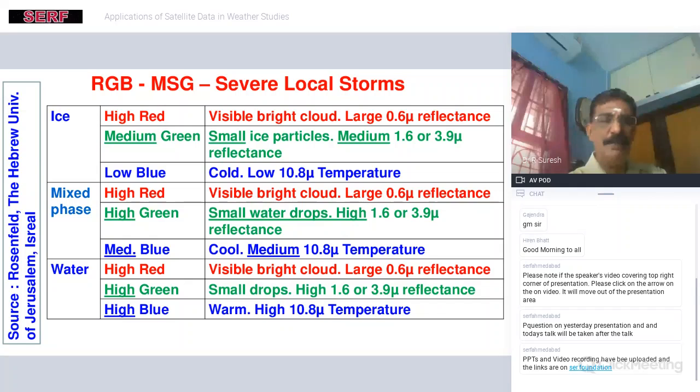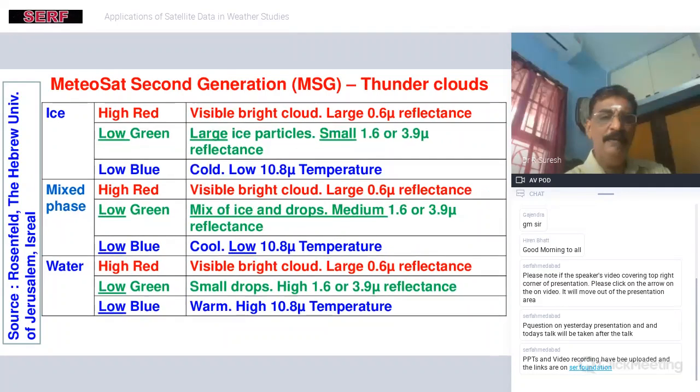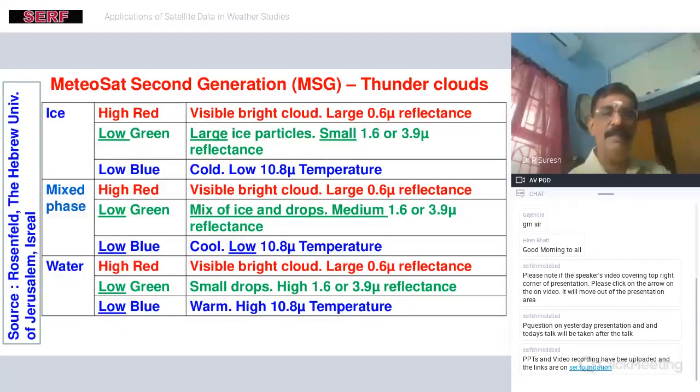Whereas if it is purely on blue color or something like that, it is relatively warm. So the high value of green, if you go back to the earlier one, the low value was saying a mixture of ice and droplets, appearing on the same wavelength channel.